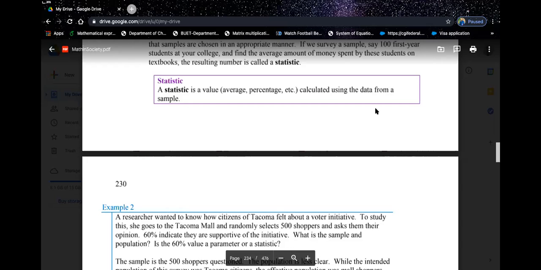If, let's say, you had picked up 500 shoppers from 6 or 7 or 10 different malls, then it would be more obvious that the citizens of Tacoma are the population here. Remember, this population is not the people we're talking about. It's the superset, the group where we're collecting data from.